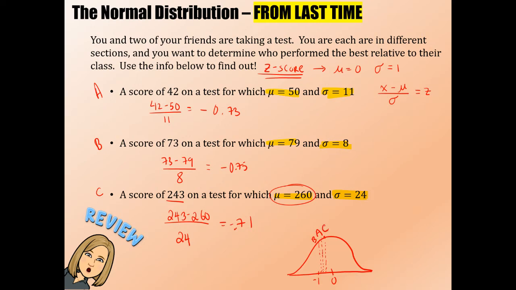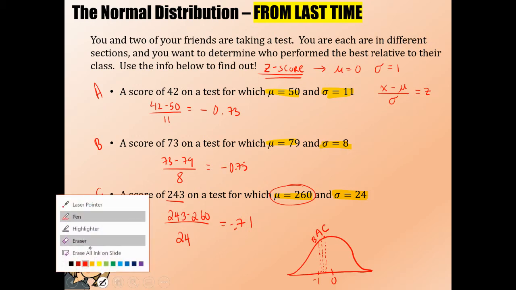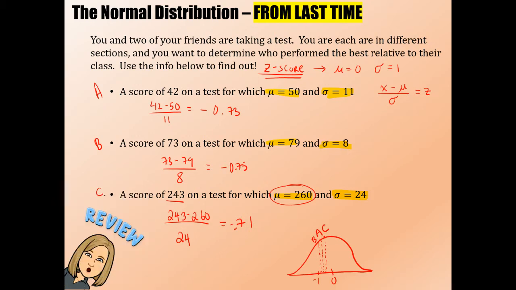So they're all pretty close together, but to actually answer this question of who performed the best relative to their class, well, student C, maybe that's you. Maybe you're going to claim that as you. So student C performed best relative to their class. They're the closest to the mean.